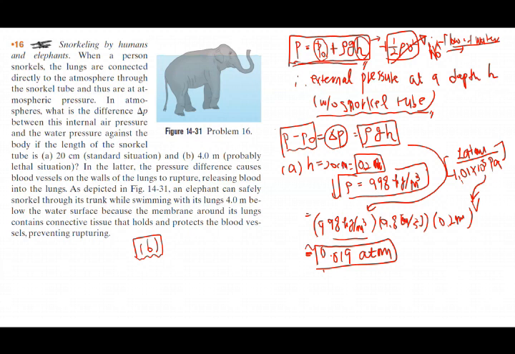I got 0.387 ATM. That's correct. So that is about 0.39 ATM. The only difference is the depth of the water, right? That is 4 meters instead of 0.2 meters, so if you plug into this formula, you should be able to get that answer.